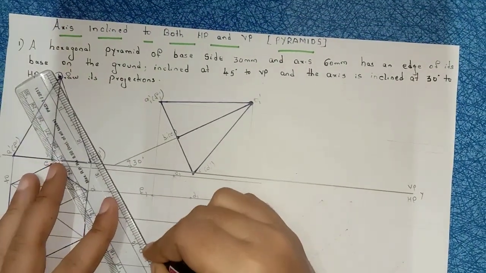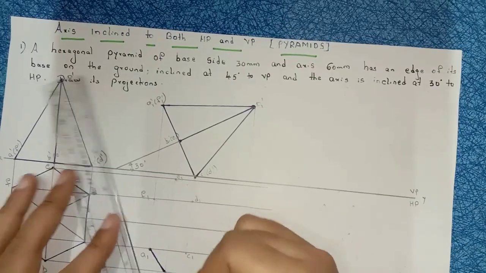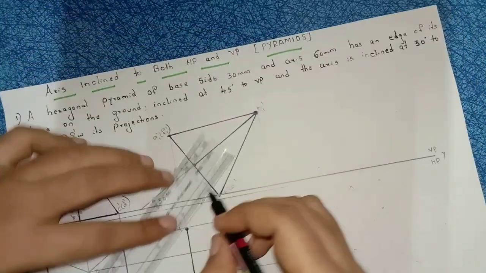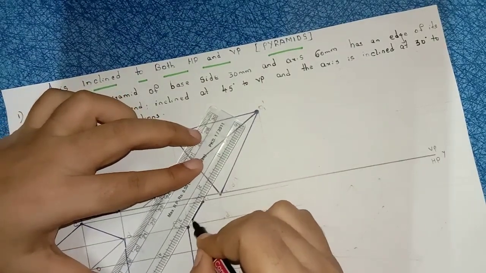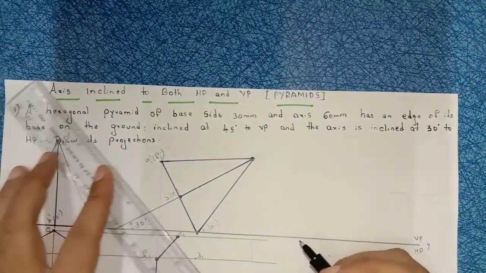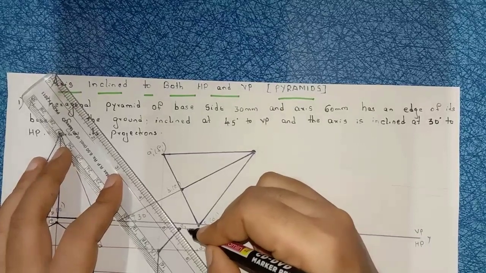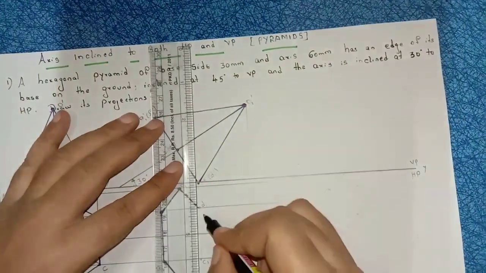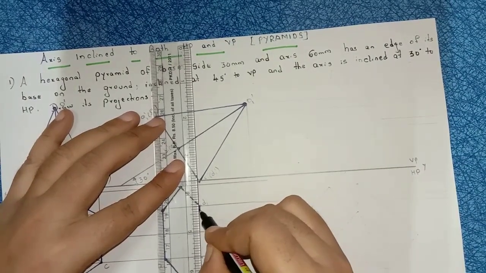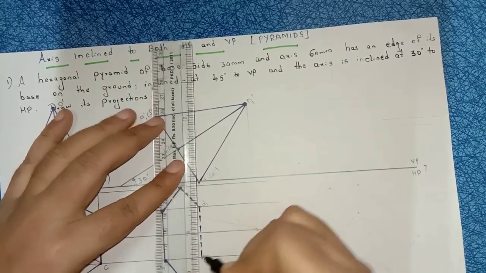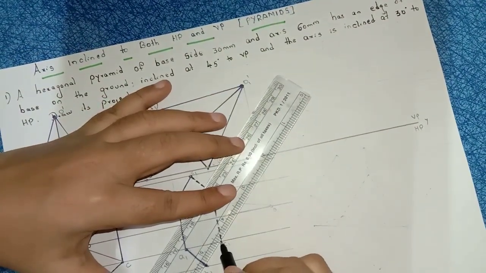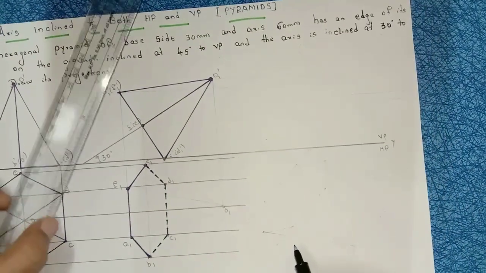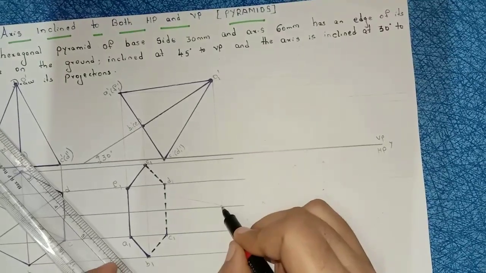So let us see how we are going to construct. Right, so this is the back portion of the pyramid. We can't see this one, so that's why I am indicating with dashed line here. Right, now after that, see, this is your O point.